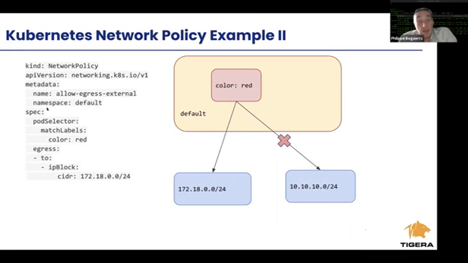The rules are applied on the pod selector, which is in this case color red. As I mentioned before, that label that you specify when you deploy that pod can be anything. And in this case, there is only an egress block. That egress block says that pods with color red can only connect to, in this case, the CIDR mentioned here. And that's the only thing that color red can originate.